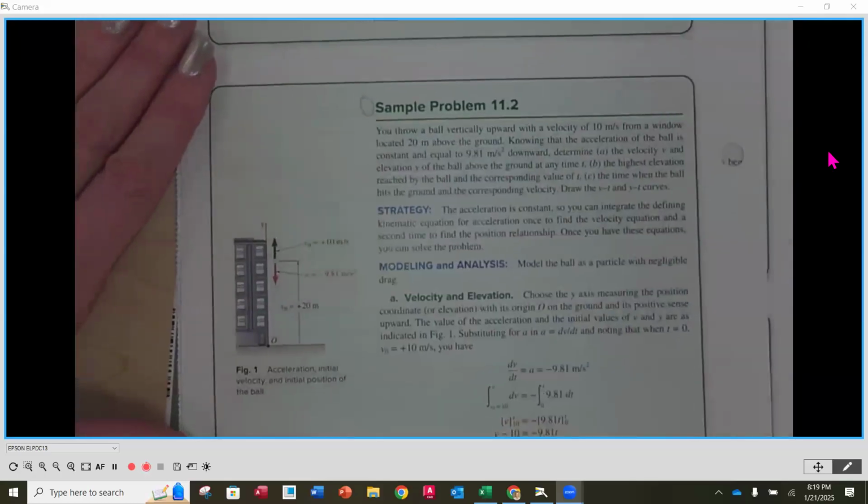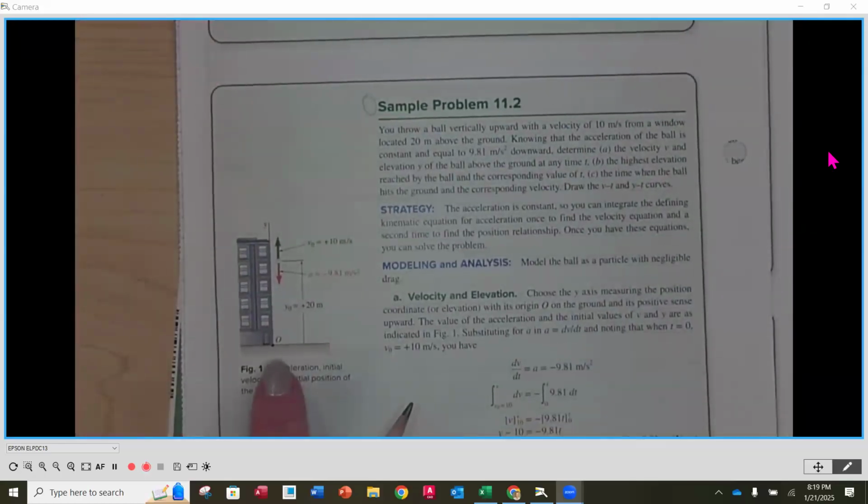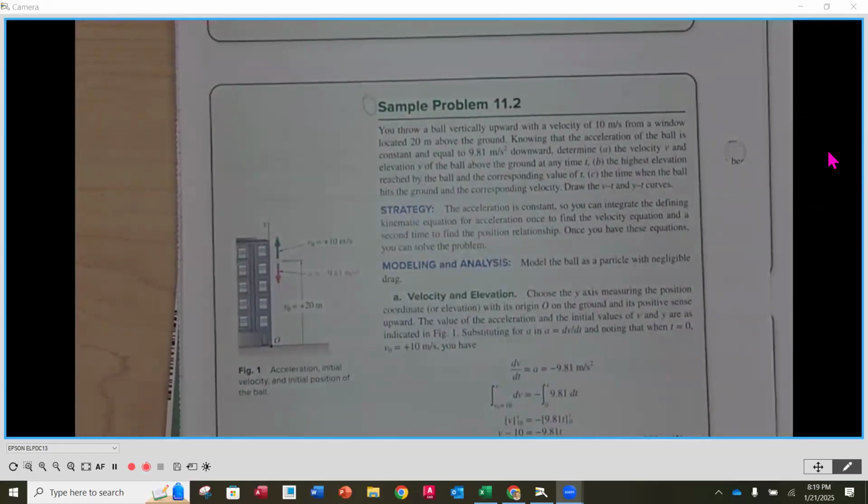Okay. Now, they have a diagram here. Notice that they have the origin of everything down at ground level, and anything going up is positive, and anything going down or pointed down is going to be negative. Okay.